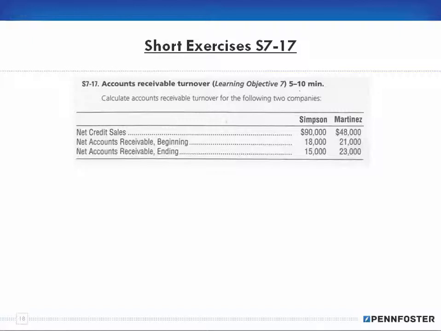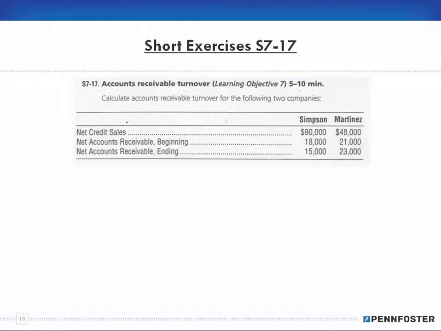Let's see here. It says here, calculate the accounts receivable turnover for the following two companies. Again, the accounts receivable turnover is under the section Focus on Decision Making in the textbook. Okay.